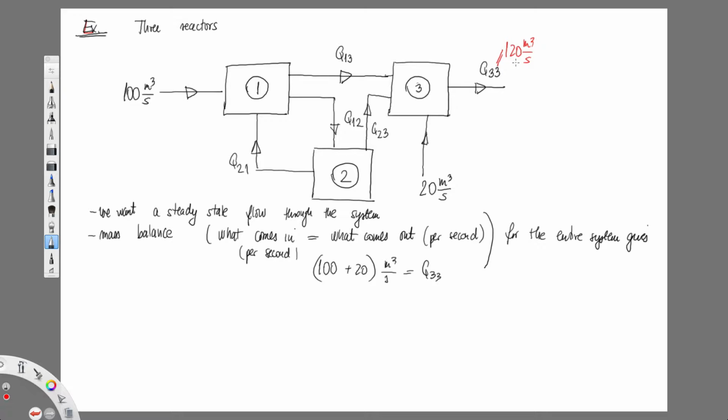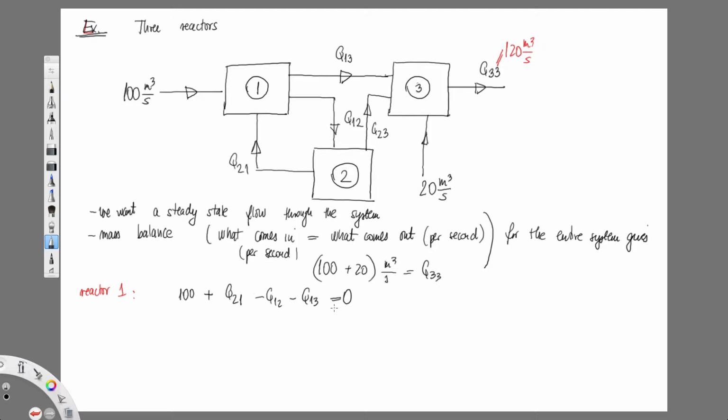Now, to get the others, we'll do reactor 1. What is the mass balance for reactor 1? What is coming in? I'm going to leave out the units. 100 plus Q21. What is coming out? Minus Q12 minus Q13 is equal to 0.